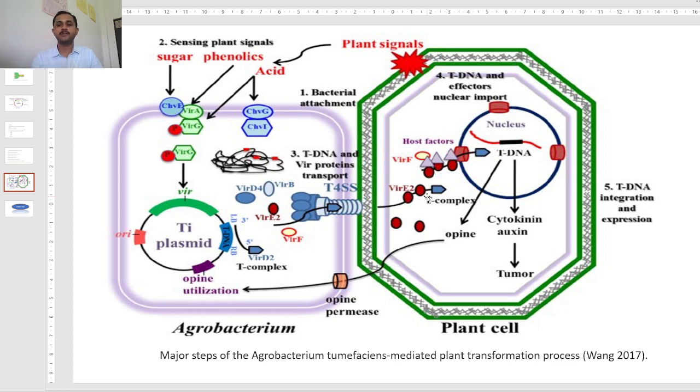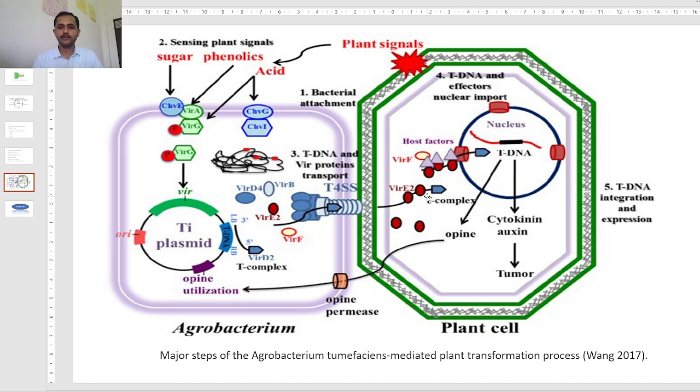It then becomes double stranded and successfully integrates in the chromosome of the host cell, and after integrating it becomes a part of it and is carried forward to the next generation, or with cell division it is transferred to other cells with the chromosome as well.